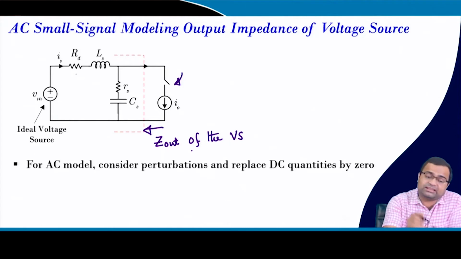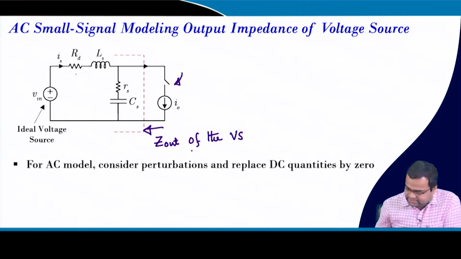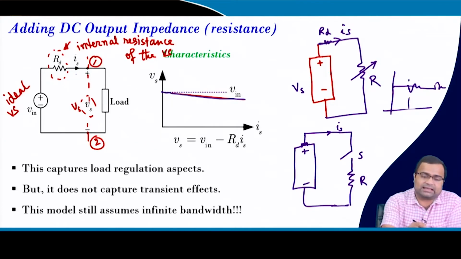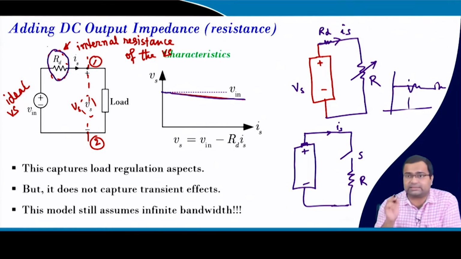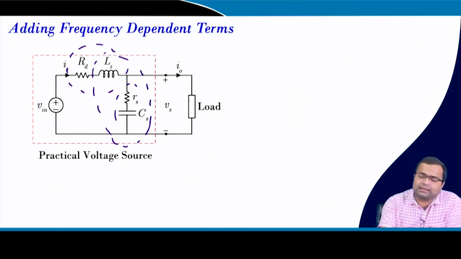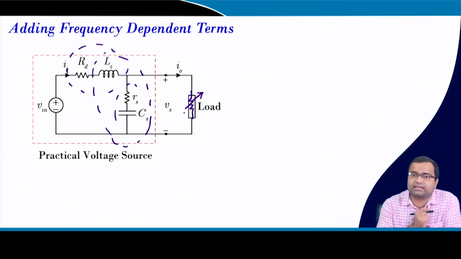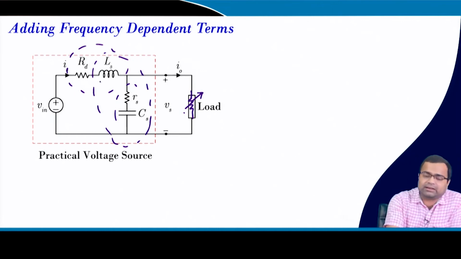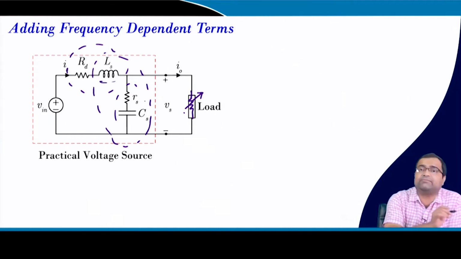It will also capture the DC characteristic, as we will see. In the previous consideration we only took a resistance here, and that was the DC characteristic. But now, in this AC characteristic, if you want to analyze DC, suppose this is a resistive load and you are slowly changing the resistance value, then it is a low-frequency effect. At low frequency, the inductor will behave like a short circuit and the capacitor will behave like an open circuit.